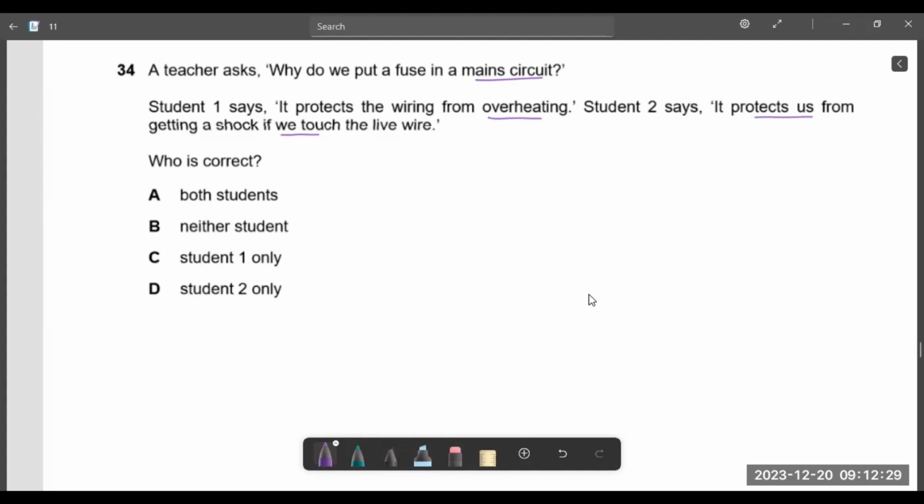So the right answer is C. Student 1 is right. We put the fuse in series with the components or whatever equipment it is, for protecting that particular equipment. It will not protect us from getting a shock if we touch the live wire.